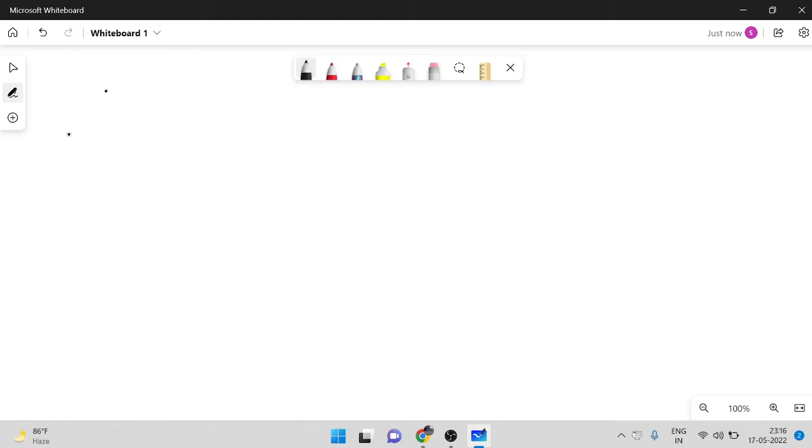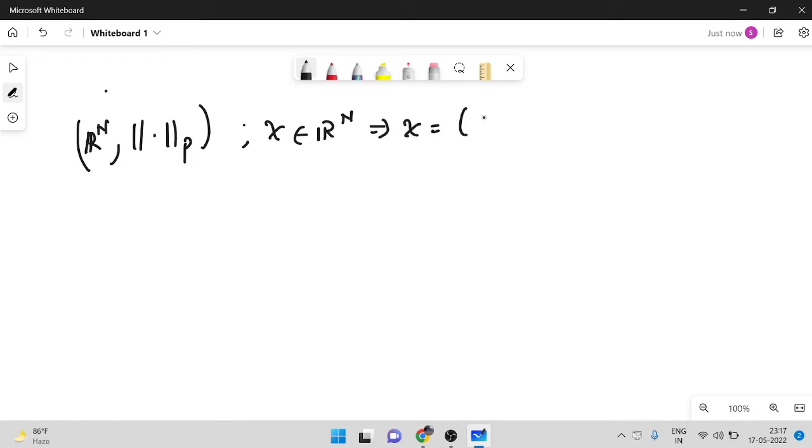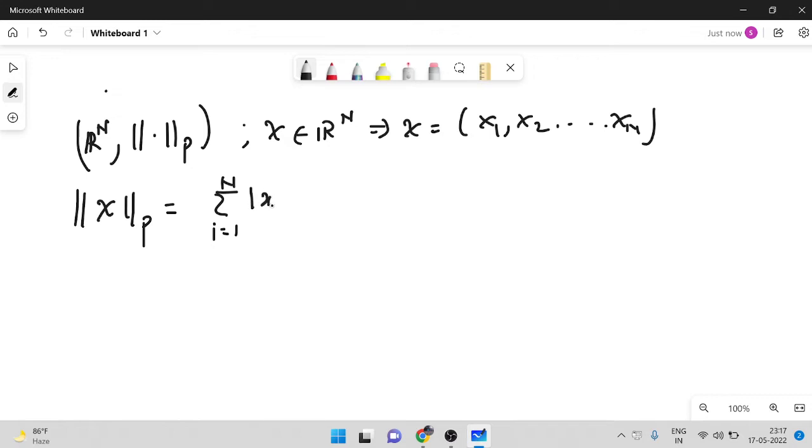One classic example is Rn. Rn is a vector space of dimension n, and we can define a p norm on Rn, where x belongs to Rn. You can write this as x equals x1, x2, and so on till xn, and the norm of x in p equals the sum over i equals 1 to n of mod xi whole power p, whole power 1 by p.